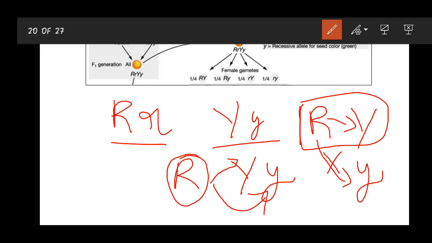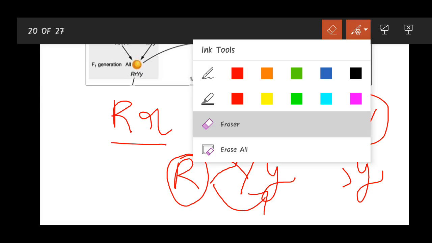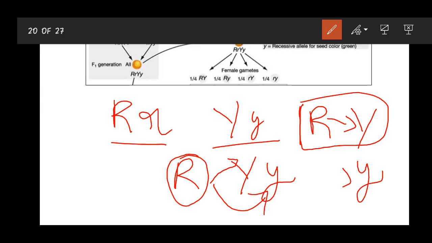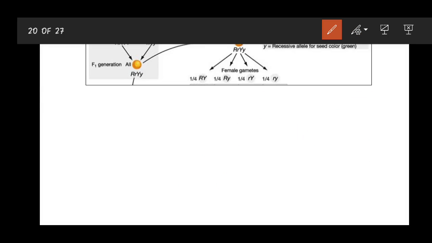This independency of an allele of a particular trait to combine with all the alleles of another trait is called independent assortment. So we'll state it clearly once more.